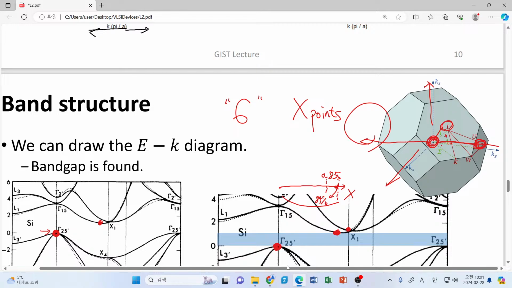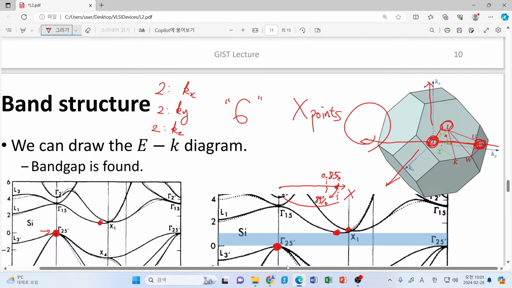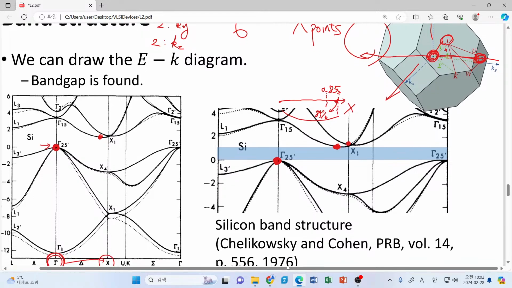For example, we can find 2 whose X position is laid along the kx direction, and also 2 laid along the ky direction and 2 laid along the kz direction. Since they are all equivalent, their energies are the same. However, they have different directionality. So that is one thing we have to understand.